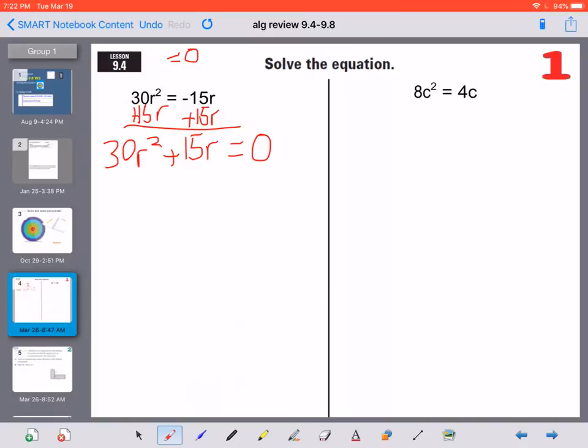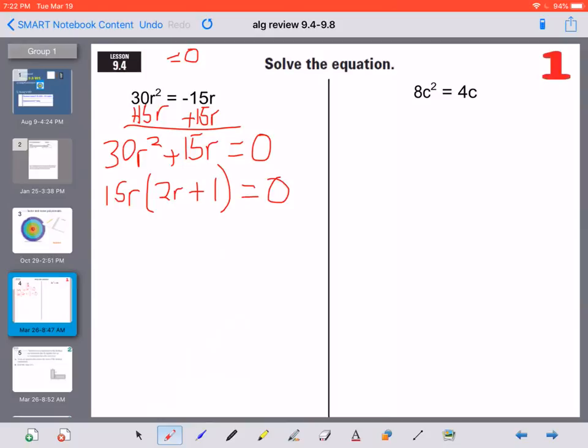Now, if I take a look at what I have, I have a 30 and a 15. I know that I can take out 15r from both of those. So if I do that, I'm going to be left with 2r plus 1 equals 0.